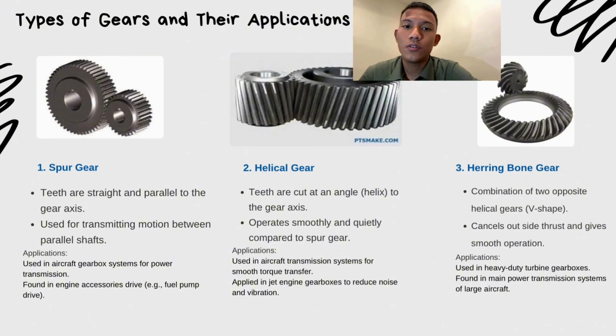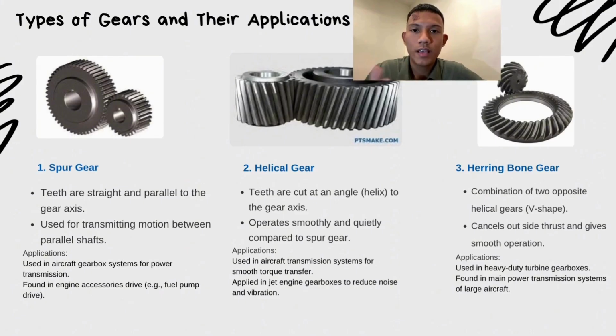Spur gears are known for their reliability and are commonly used in aircraft engine accessory, such as for fuel pumps, oil pumps, and generator. However, because the teeth engage suddenly, spur gears can be noisy at high speed. Despite that, they remain popular due to their simplicity and effectiveness in powering aircraft components.